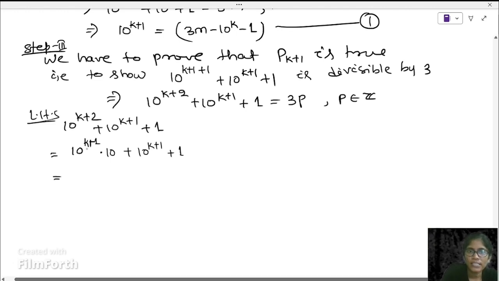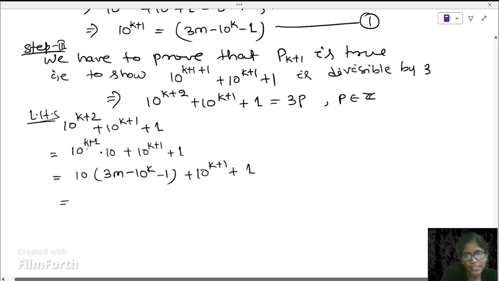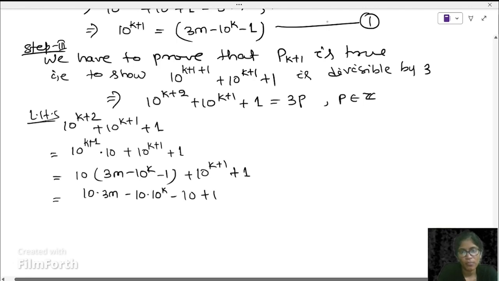Okay, which is equal to, in place of 10 to the power k plus 1, 10 into 3m minus 10 to the power k minus 1, plus 10 to the power k plus 1 plus 1. Okay, which equals 10 into 3m minus 10 into 10 to the power k minus 10 into 1 plus 10 to the power k plus 1 plus 1.